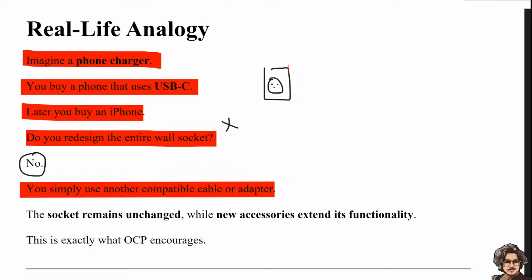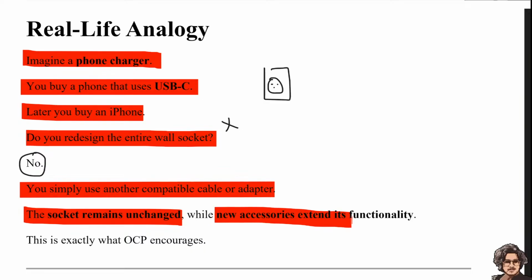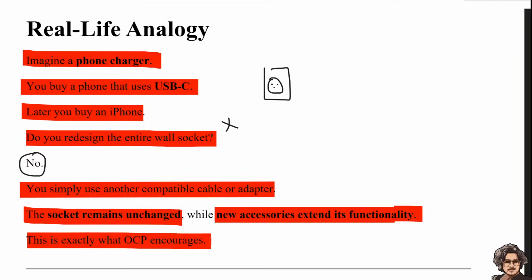There are different types of chargers for Apple and normal phones. The socket remains unchanged while the new accessory extends the functionality using a different adapter. This is exactly what the open closed principle encourages: you can add new functionality but don't modify the existing code.